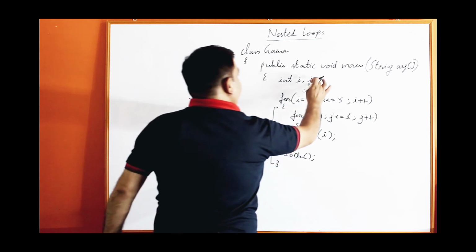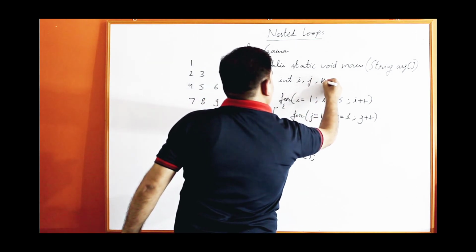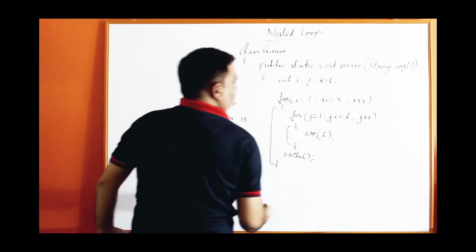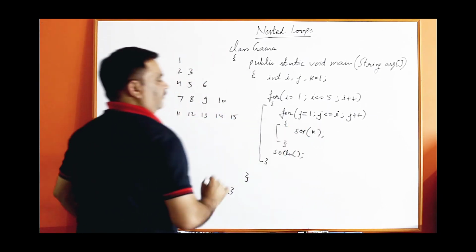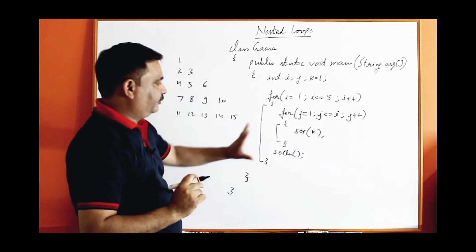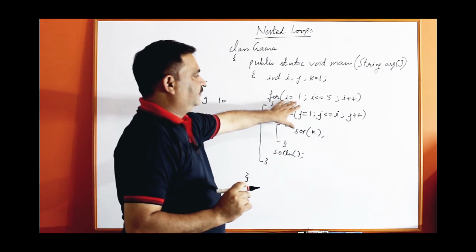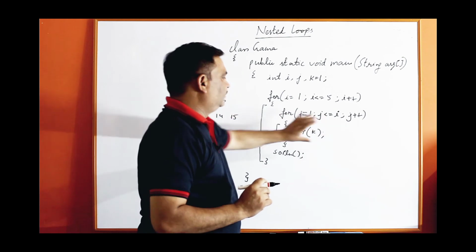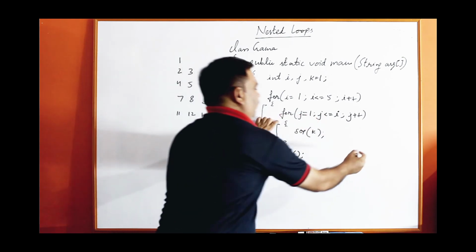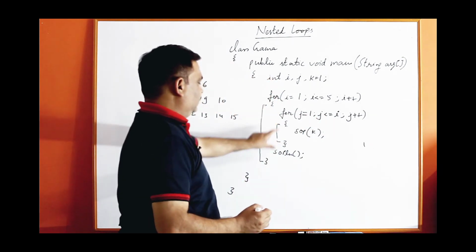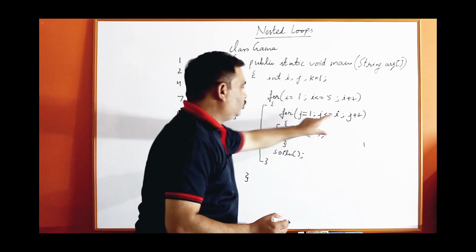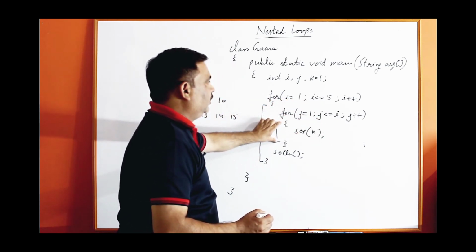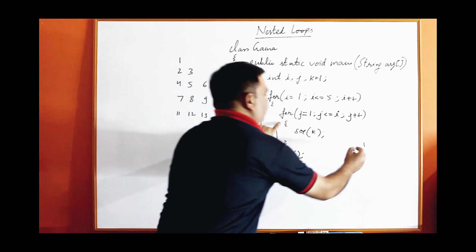I am taking one more extra variable, k equal to 1, and instead of printing i I am just printing k. First of all, try to understand the working up to here. i is 1, 1 to 1, this will execute one time and print 1. After changing the line, i will be 2, from 1 to 2, so this will execute 2 times, but k is still 1, so it will print 1 and 1.